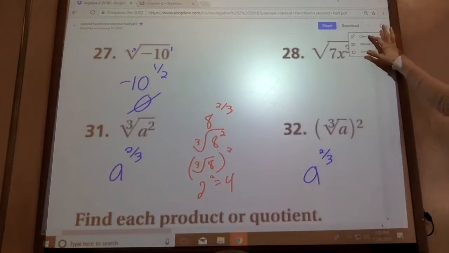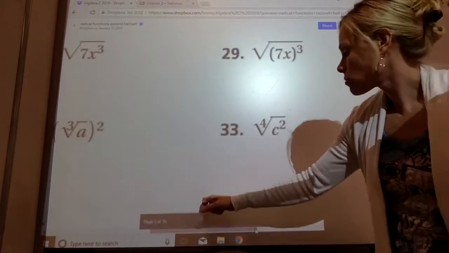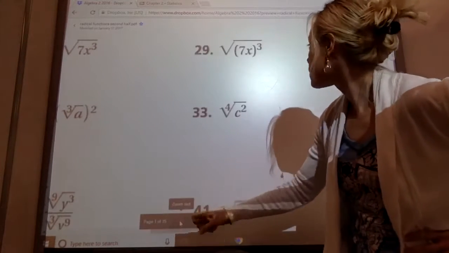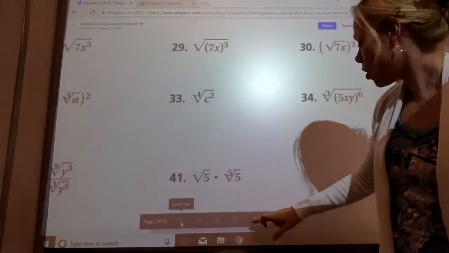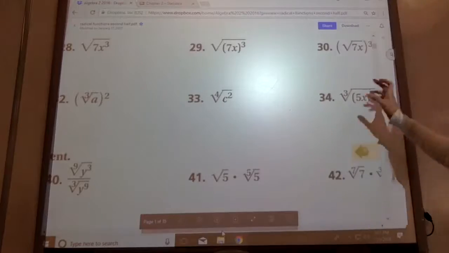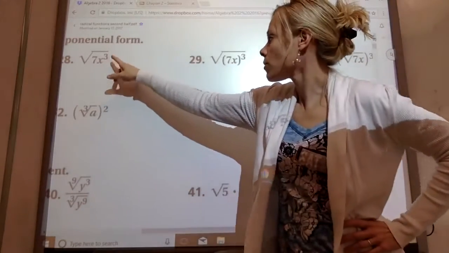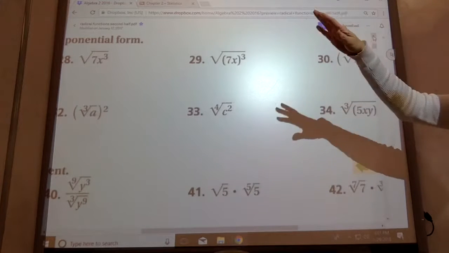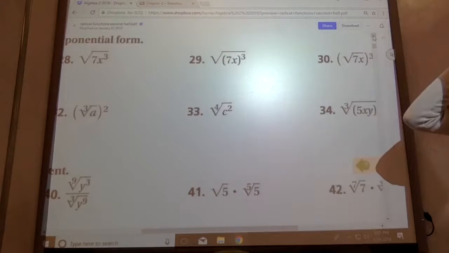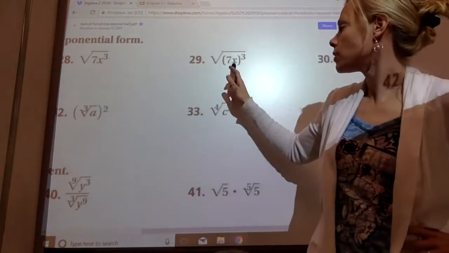So I want to look at some parentheses. Look at these 3 problems here. What I want you to recognize is that they're all almost the same, but not quite. You see how this is all 7x with a 3, 7x with a 3, 7x with a 3? But the parentheses are all different. So these are not equal.